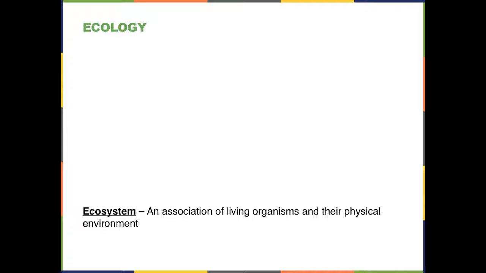When a person who knows what they're talking about says they're talking about an ecosystem, they're talking about the association of living organisms with their physical environment. So they're specifically talking about the living organisms in a particular area of the planet, and that environment those organisms are in, whether they're in the mountains or the desert or whatever.